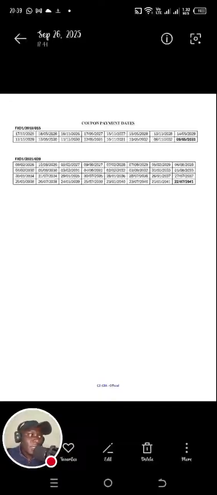They will not just wait. The dates are predetermined, so when that date comes, you get your interest automatically. So the first bond pays coupons in the month of November and May, and the other bond pays interest in the month of February and August. And the dates are already predetermined.